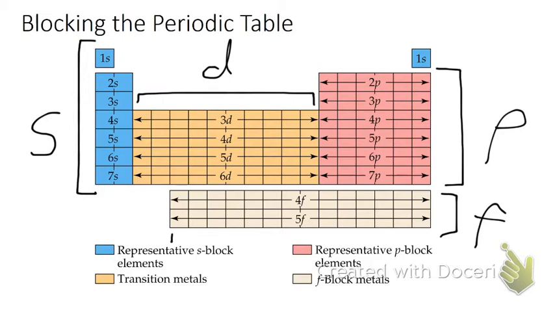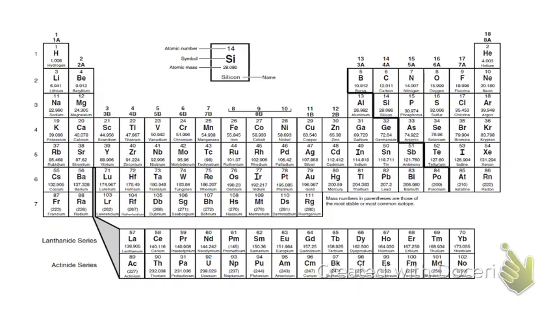Now, let's label our actual table. So, we start off with 1s, the lowest energy level. The s orbital has space for 2 electrons, and as you see, there are 2 elements, hydrogen and helium.